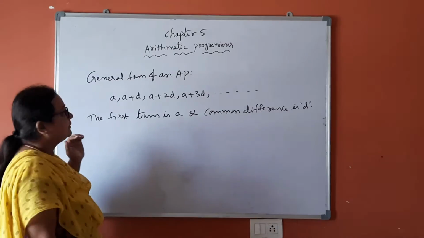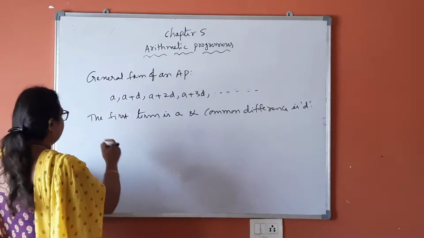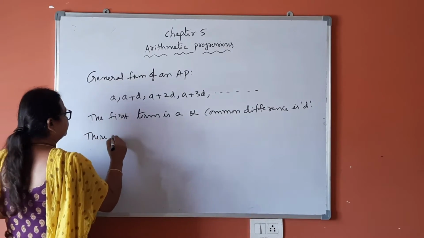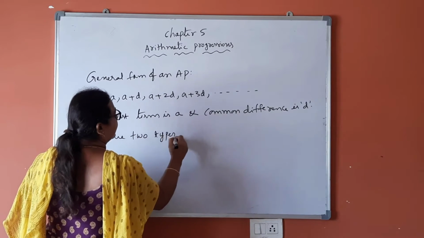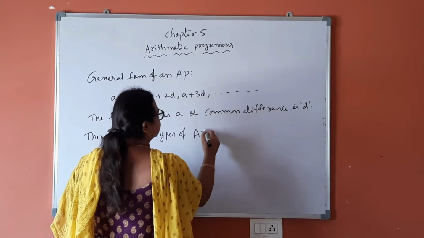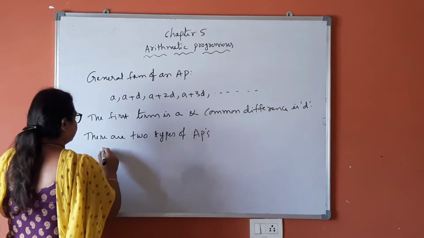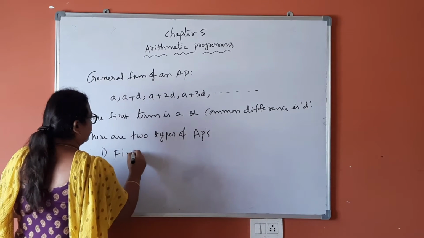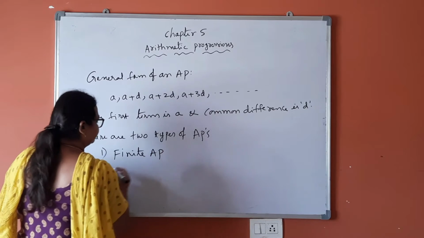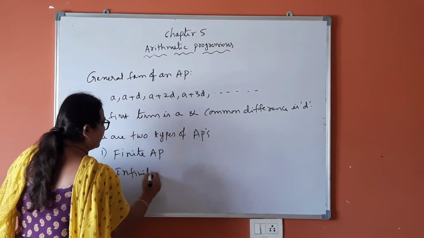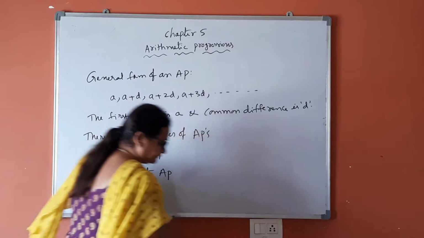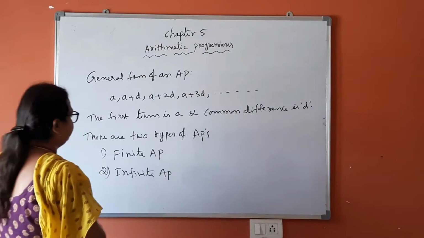Types of APs. There are two types of APs. First one, finite AP, and second one, infinite AP.